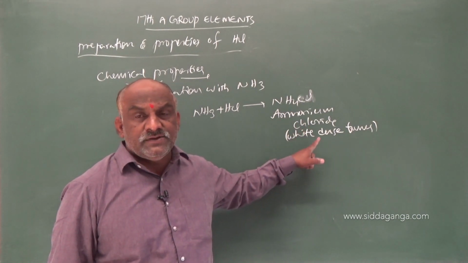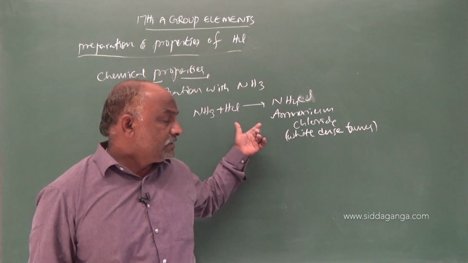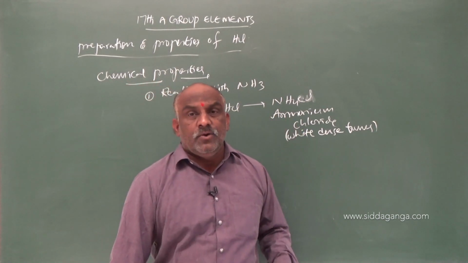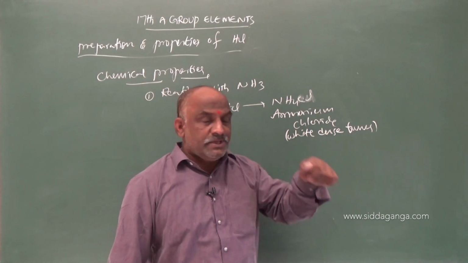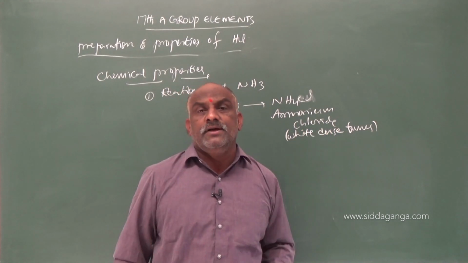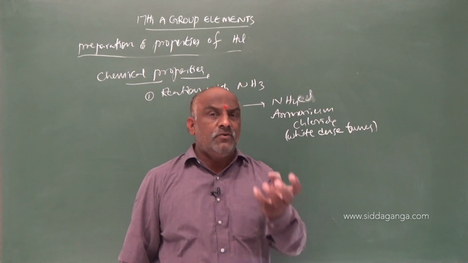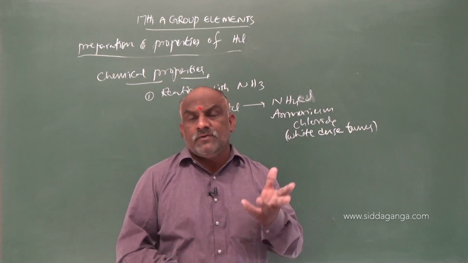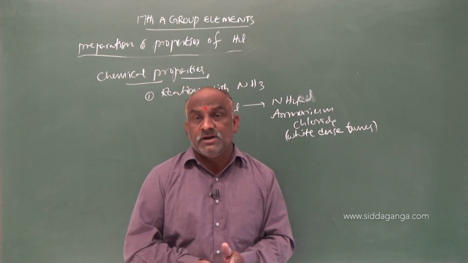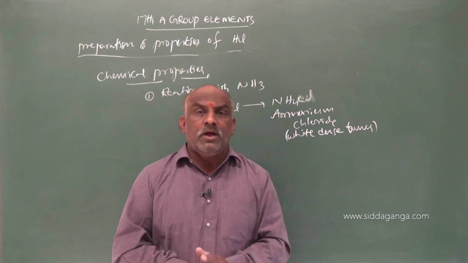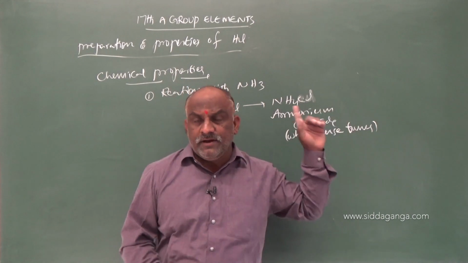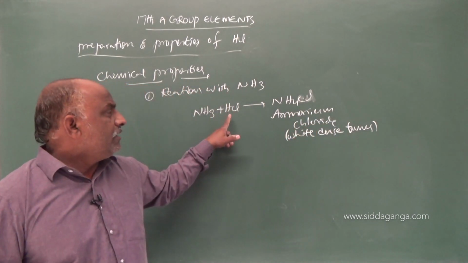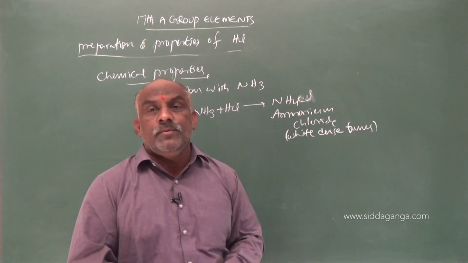Add ammonium salt on heating, use a glass rod dipped in hydrochloric acid, and then we will get the white dense fumes. What are those white dense fumes? They are called ammonium chloride. Hydrochloric acid combined with ammonia gives rise to ammonium chloride.